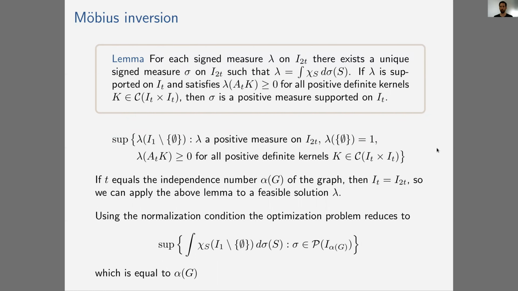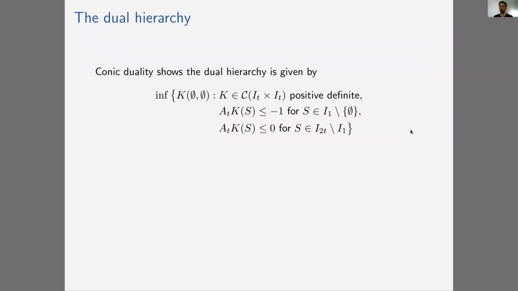So if you work in the dual, by weak duality, these give upper bounds on the optimal values here. So if we work in the dual, any feasible solution is going to give us a rigorous upper bound, right? And so the game here is, in the primal, we were optimizing over measures, which means that in the dual, you're optimizing over continuous functions.